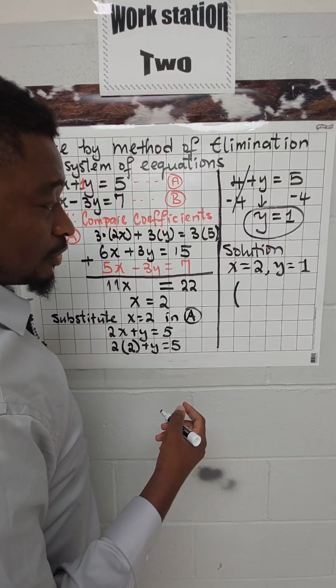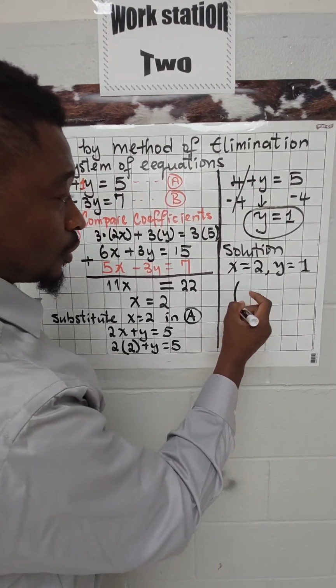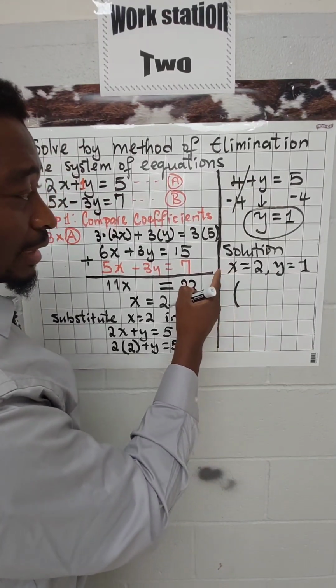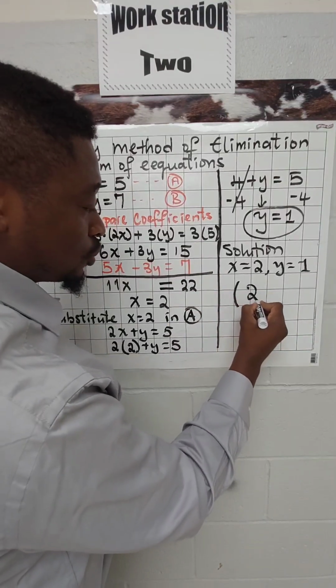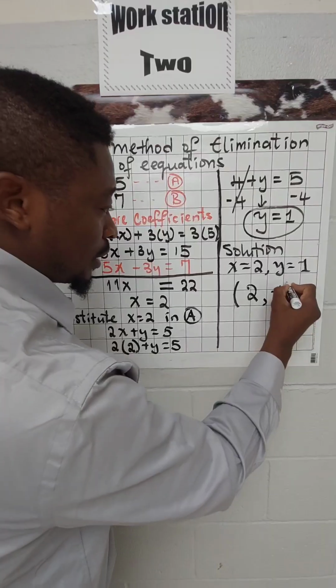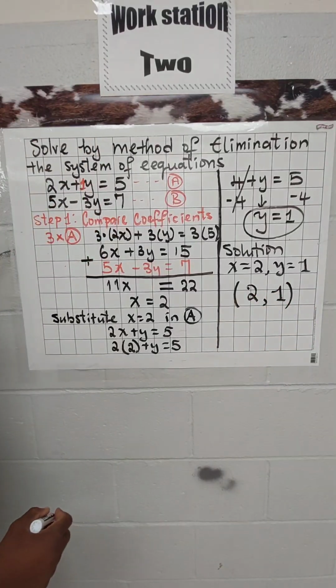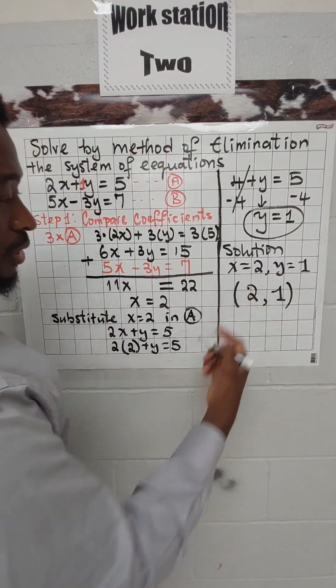The point of intersection will be at x equals 2 and y equals 1. This will be the coordinates of the point of intersection, which is also called the solution.